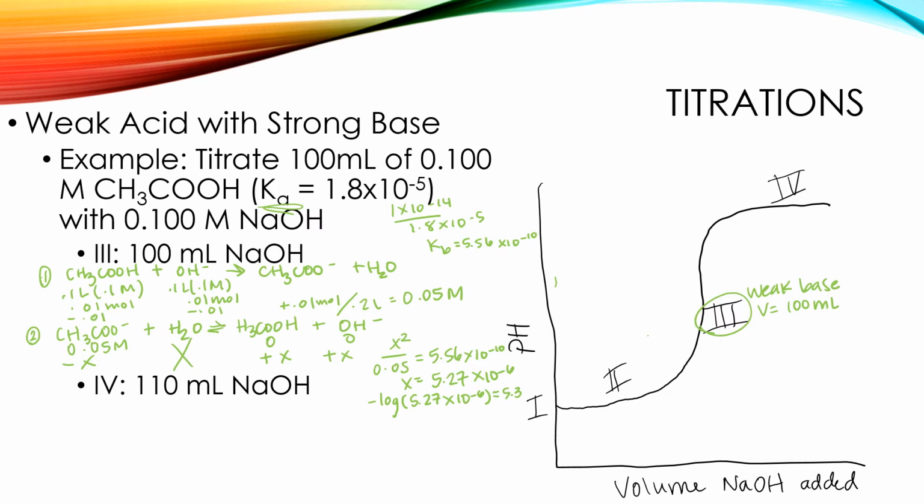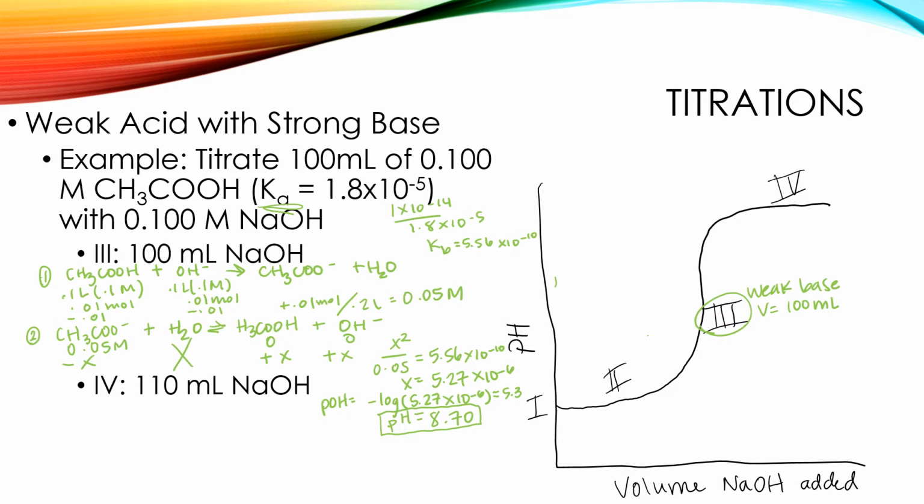That's our pOH. So then our pH is 8.7, which is above 7, which is what we expected for the equivalence point of a weak acid with a strong base.